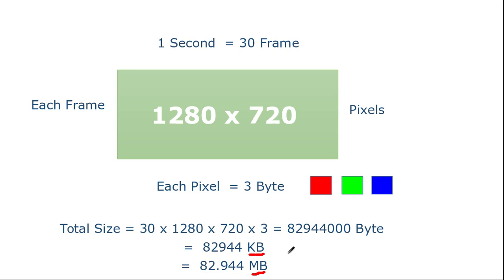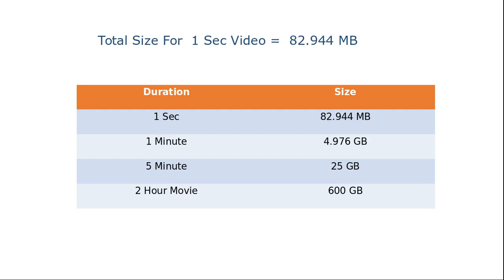It requires almost 82 megabytes of space. Let's go for more than 1 second. For 1 second we have calculated that we require 82.944 MB. This is an approximate figure, but for this kind of uncompressed video with this much resolution, it must require this much space on your hard drive.